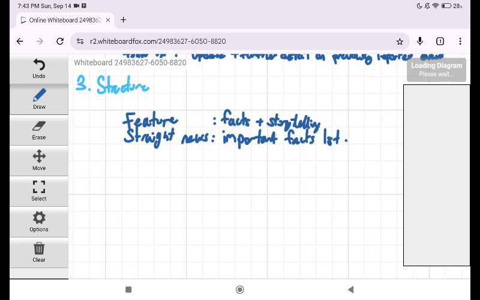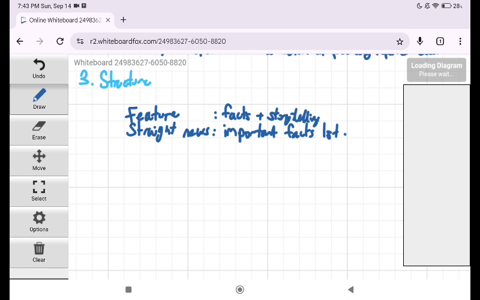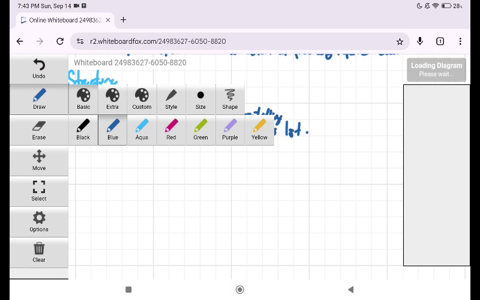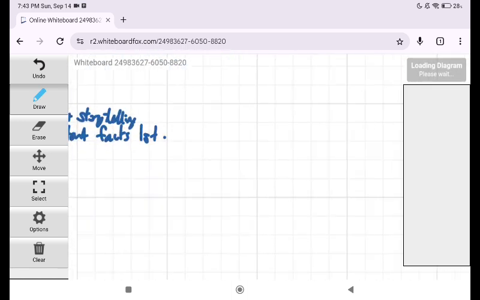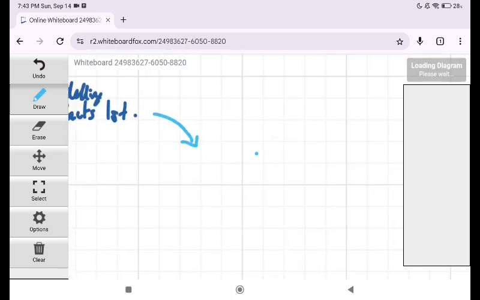Since the presentation mentioned it being in an inverted pyramid style, we can also illustrate this. All right, let's draw an inverted pyramid.